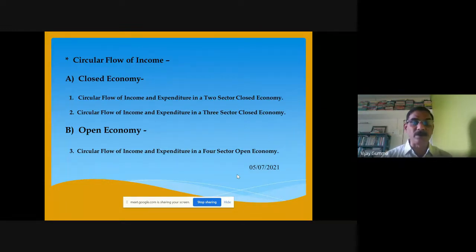Or in other words, the circular flow of income explains the process that determines the national income as well as national output. See, national income. Later on, we are going to study in detail what is national income.